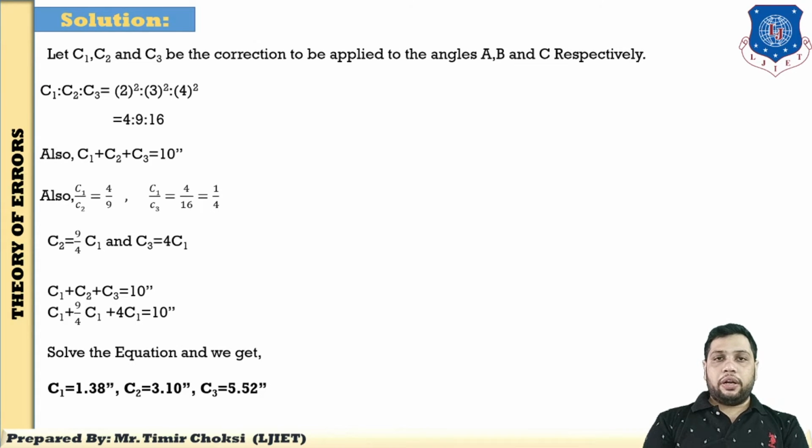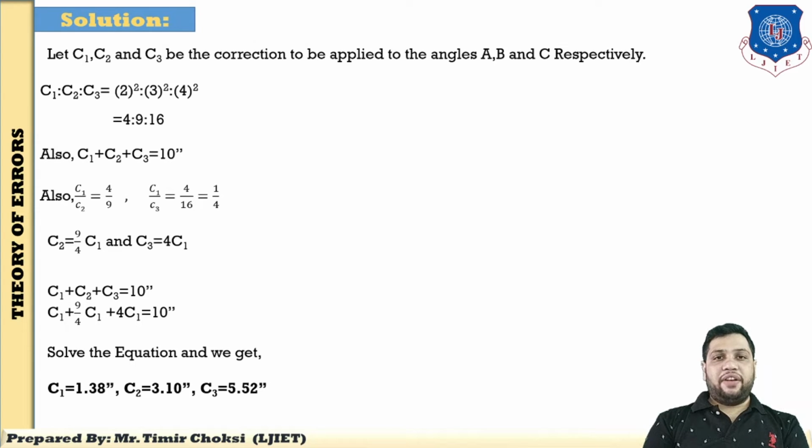So 4 : 9 : 16. Now C1 is the correction of angle A as you assumed, C2 is the correction of angle B, and C3 is the correction of angle C.